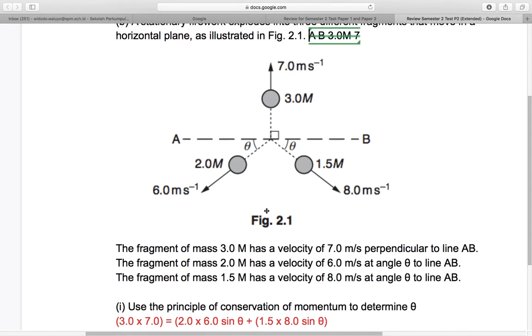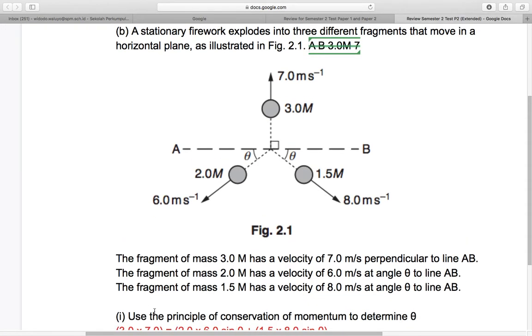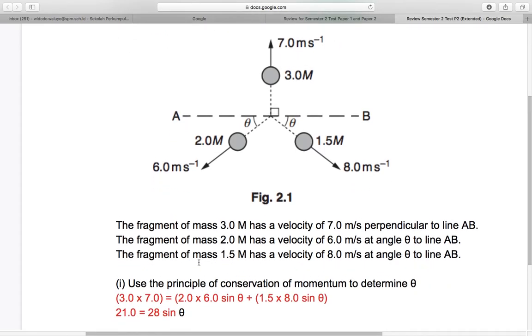So the question is: use the principle of conservation of momentum to determine theta. Momentum after equals momentum before. Momentum has direction, so we include positive and negative directions in our calculation.